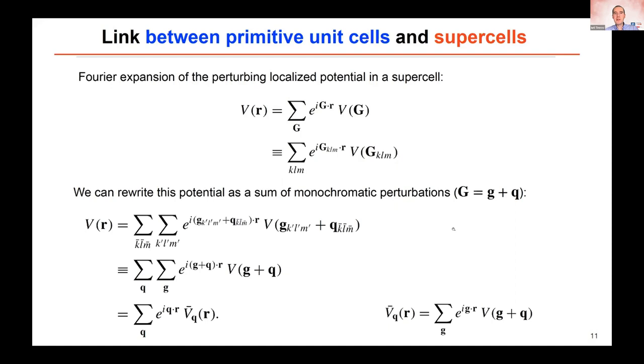And here we use the result of the previous slide, that we can represent this capital G vector as the sum of the small g vector of the Brillouin zone of the primitive cell plus some Q vector.